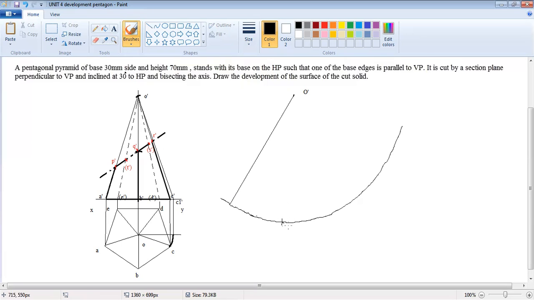1, 2, 3, 4, and 5. Write all the points to the O dash.